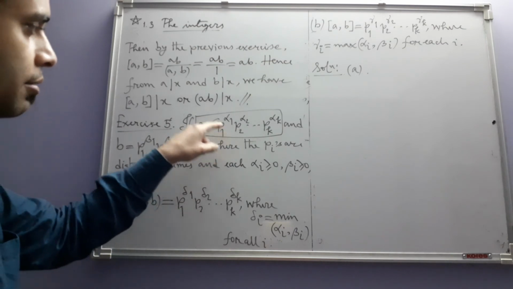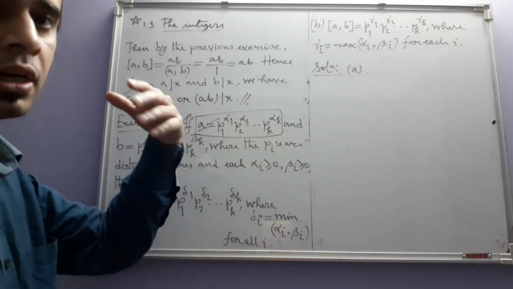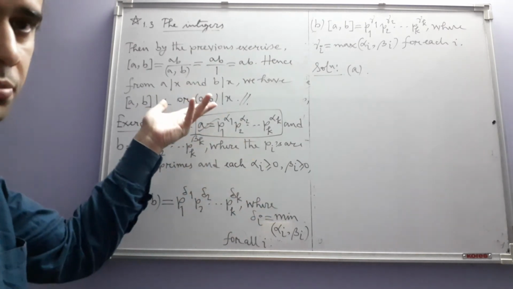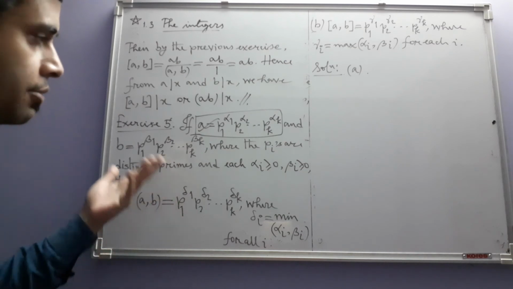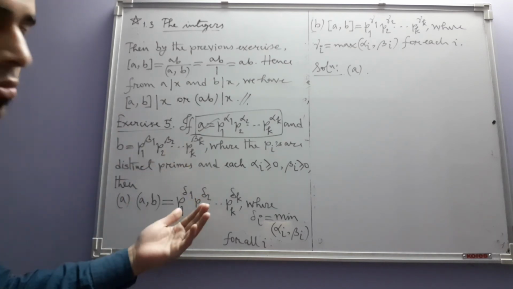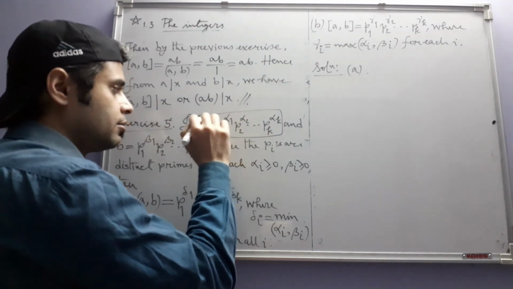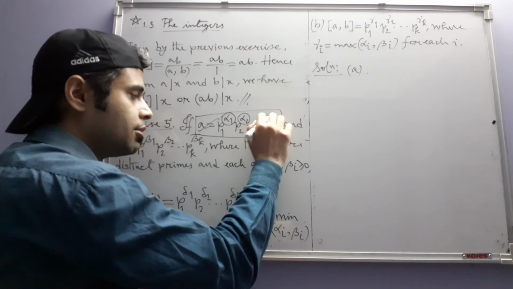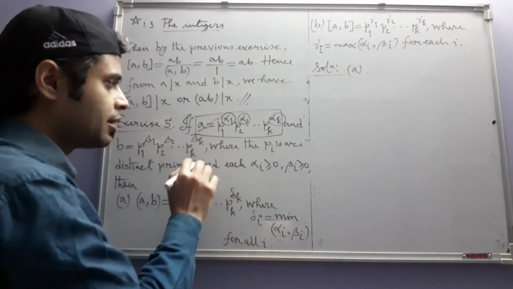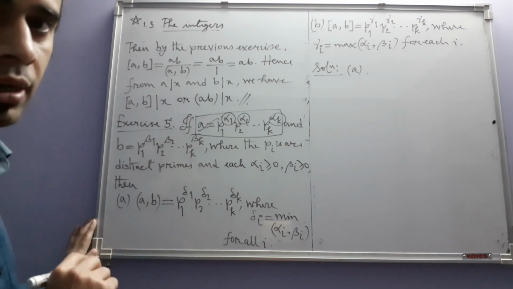Because according to our definition, we have already defined prime numbers. Some of them are negative also, but we have said there itself that we are not going to consider negative prime numbers. For us, primes are positive. So in the extreme case, when all the alpha i's are equal to 0, A becomes equal to 1. So that is the least value A can have.